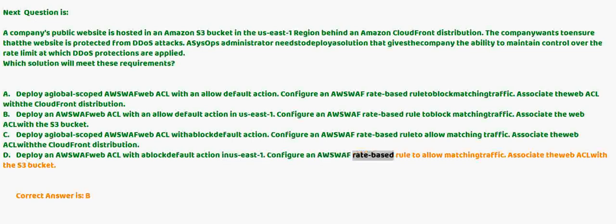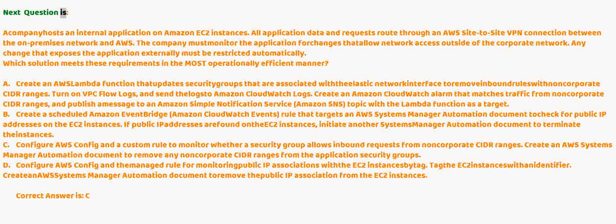Configure an AWS WAF rate-based rule to allow matching traffic. Associate the Web ACL with the S3 bucket. Correct answer is B.